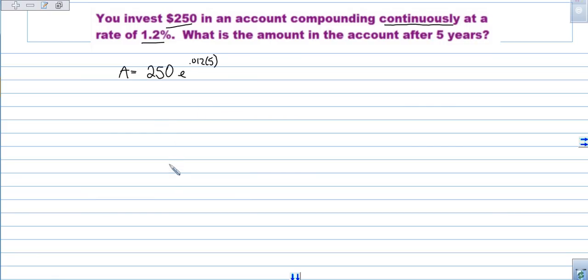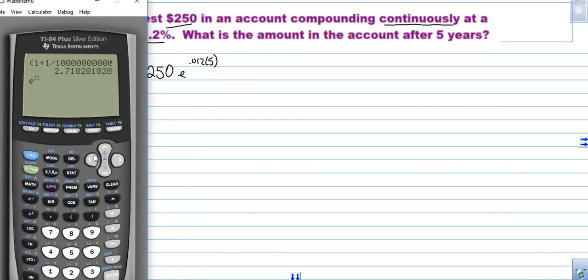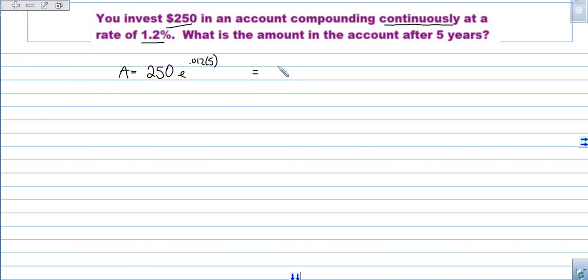Okay, and then pull up the calculator and you just type in 250 e to the 0.012 times 5, press enter, and you end up with $265.46. We always round to two decimal places when we're talking about money, and so there you go.